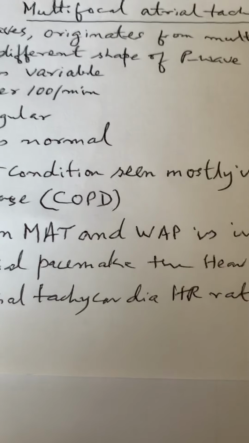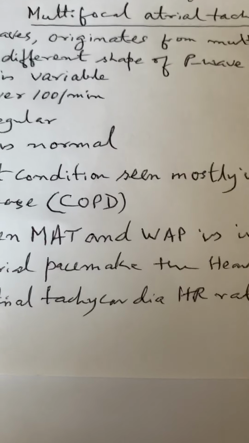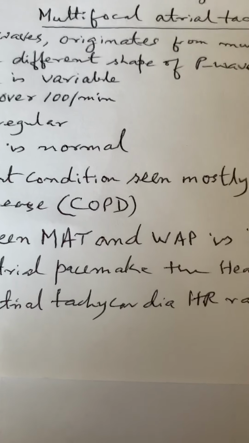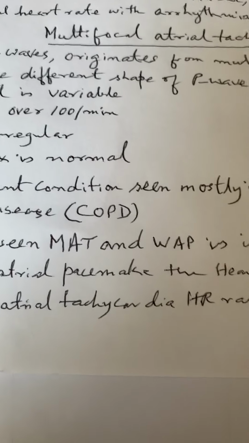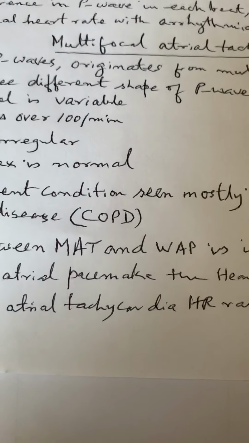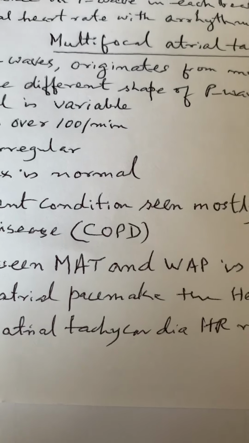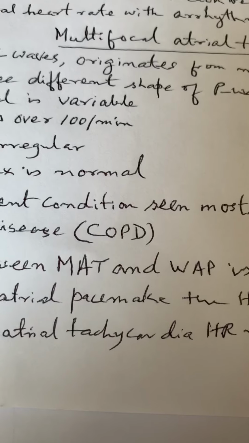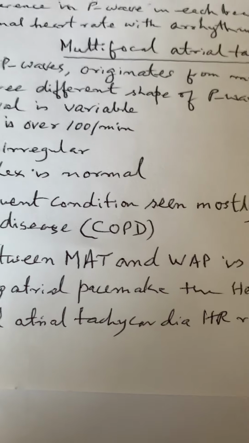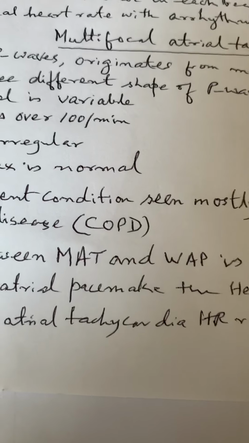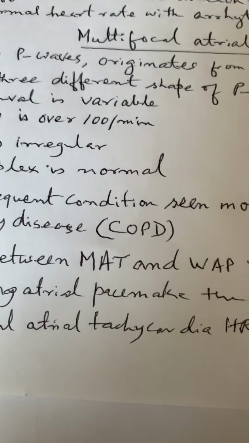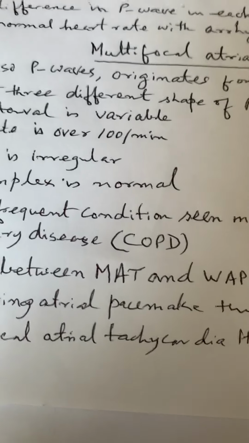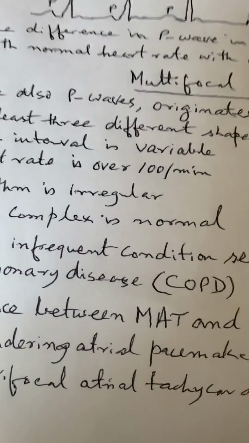Sometimes people may find some resemblance with atrial fibrillation, but in MAT, although the rhythm is irregular sometimes, you will find a definite P wave, which you will not find in atrial fibrillation.